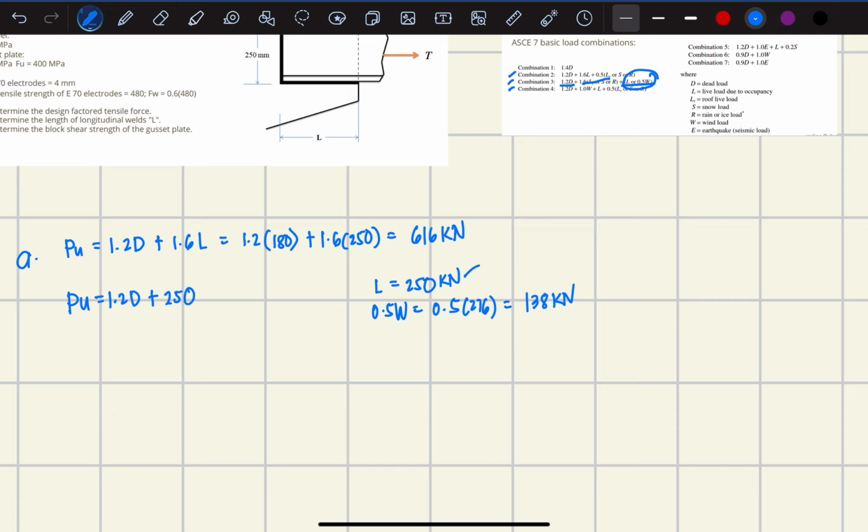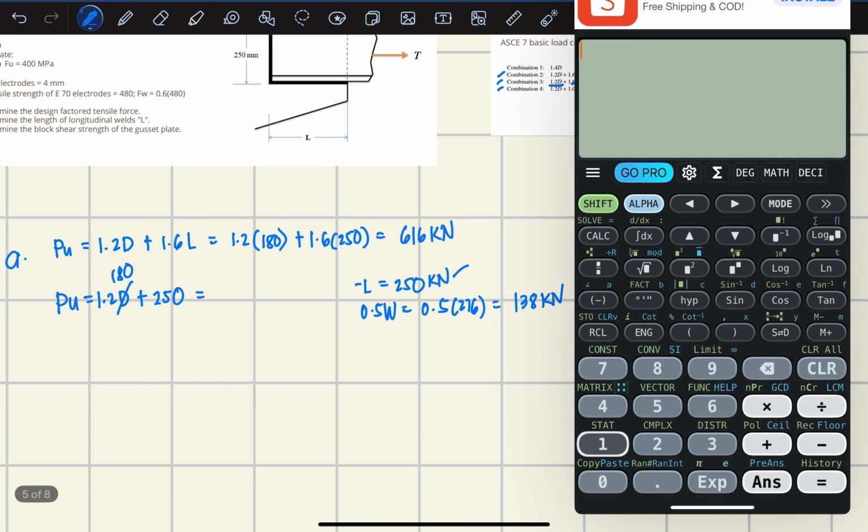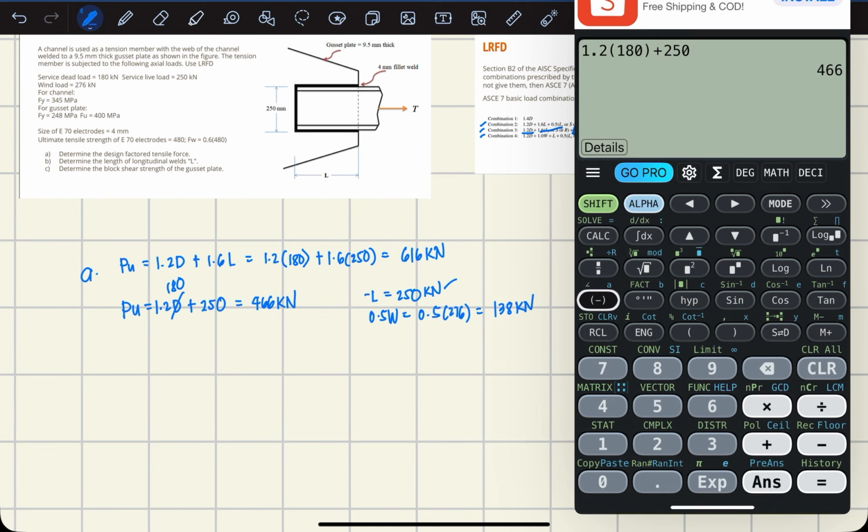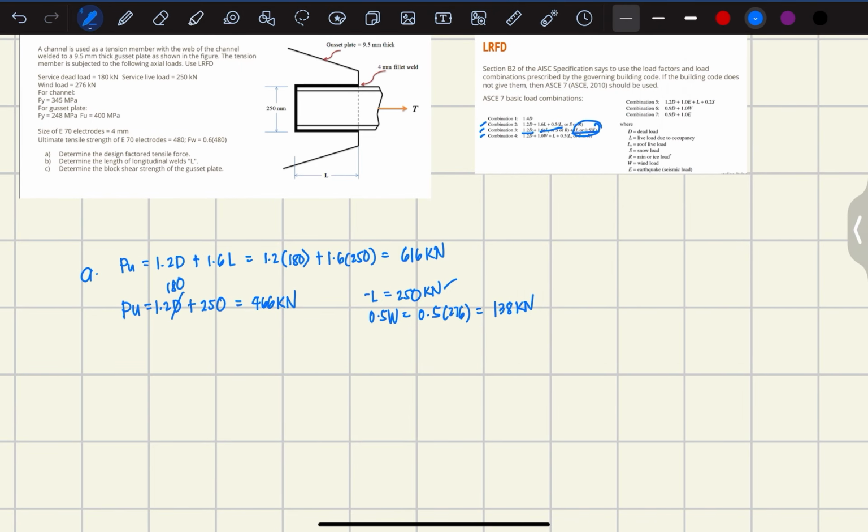Based dito sa computation natin, yung dead load natin is 180. So, substitute natin: 1.2 times 180 plus 250. So, meron kang 466 kilonewton. Sa dalawa pa lang, makikita mo mas malaki pa rin yung combination 2.